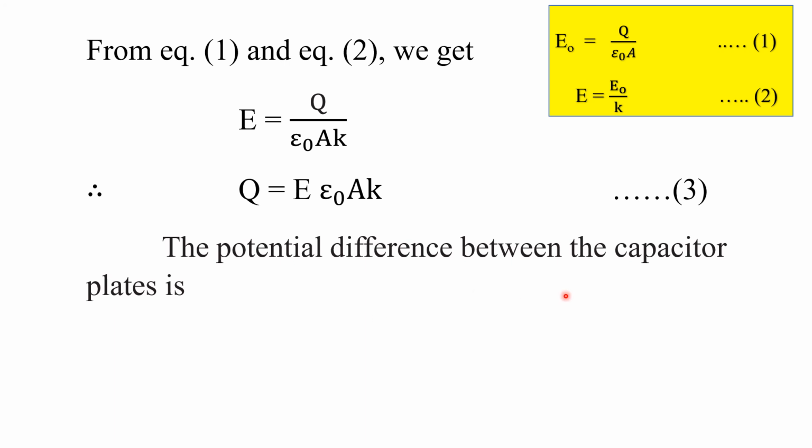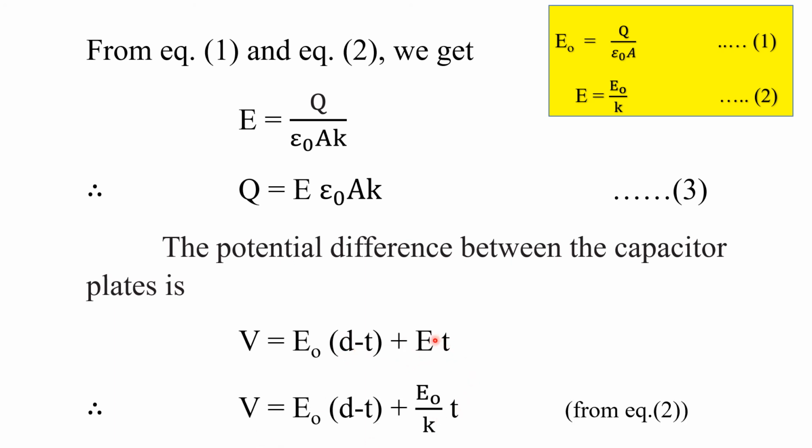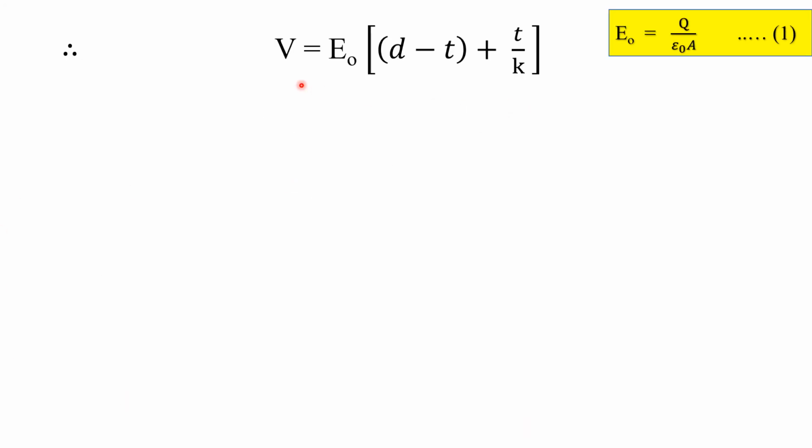The potential difference between the capacitor plates is given by V is equal to E0 (d minus t) plus E t. Now from equation 2, E is equal to E0 upon K. Therefore V is equal to E0 (d minus t) plus E0 upon K into t. Taking E0 common, we get V is equal to E0 (d minus t plus t upon K).